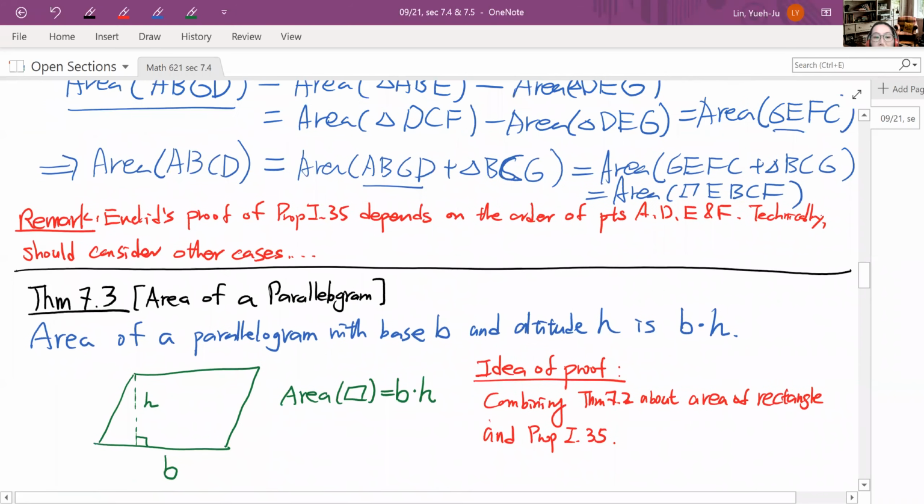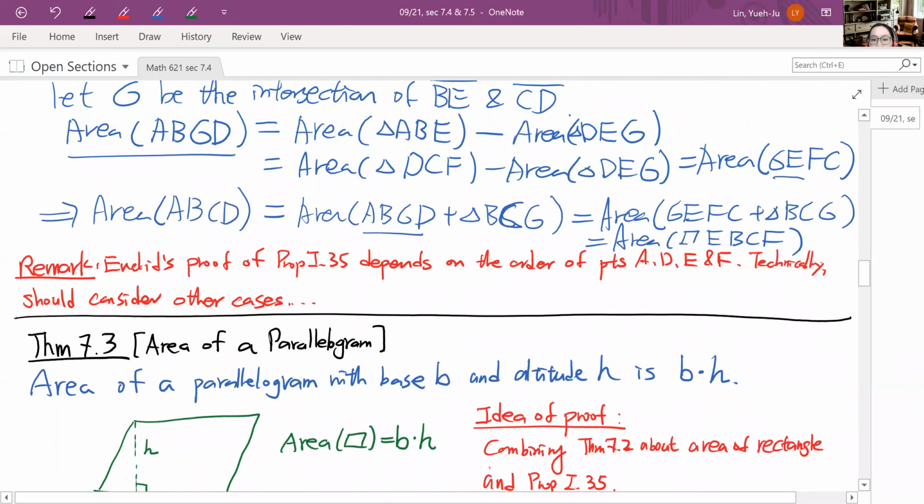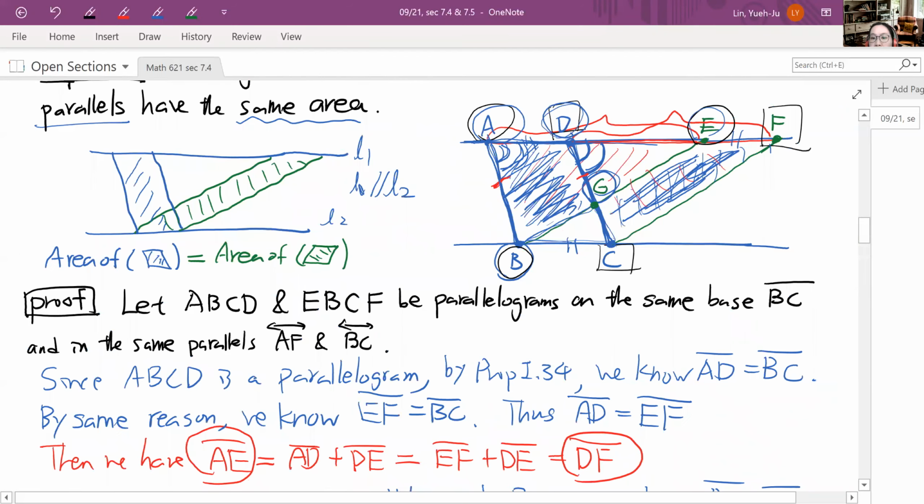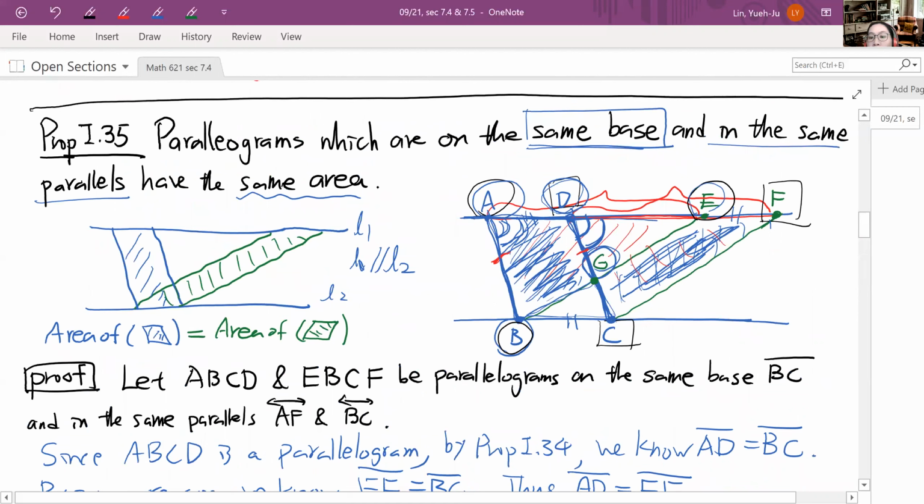Okay, with that, I actually forgot this remark. Technically, if you really look at the proof of what I just did, the 1.35, if you read the textbook later on, they're going to mention this remark: if you look at the picture, you need to question whether it is always possible that when two parallelograms share a base, they're always in this relative position. It turns out that when you draw the parallelograms, for example the points A, D, E, F may not be in the same order as what I drew here.